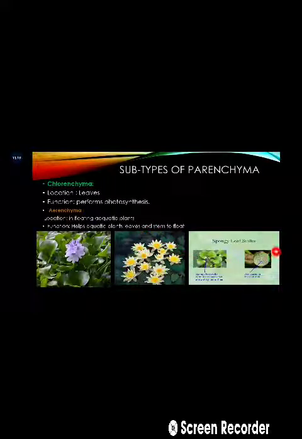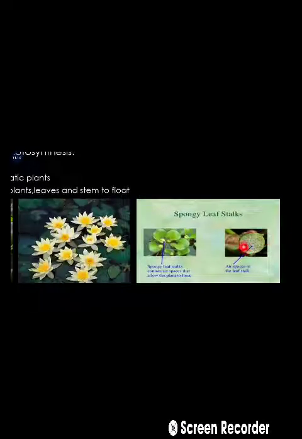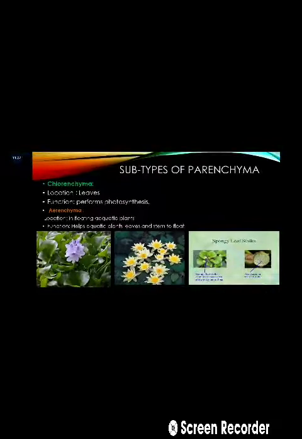If you just take a section of the stem of such plants, you can observe such air cavities as is shown in this picture. Air spaces in the leaf or in the stem. This spongy leaf stalk, due to storage of air, provides buoyancy to the plant to float above the water surface.